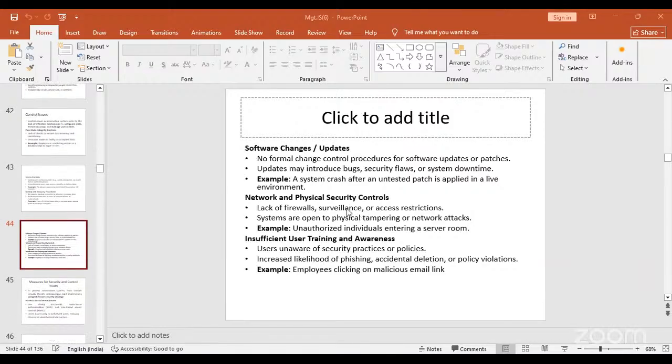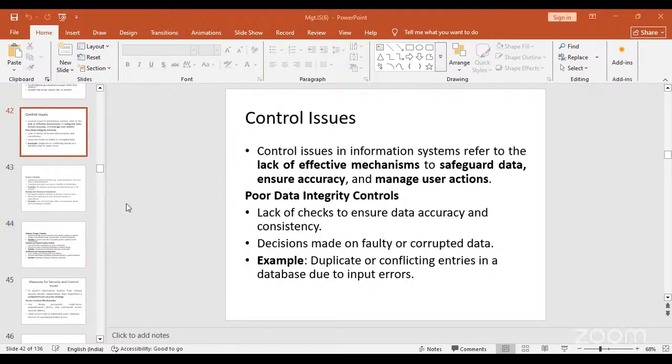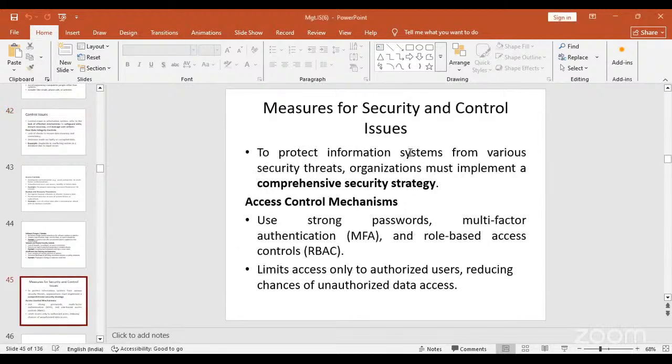So these are the security and control issues which can be addressed from time to time to make your information system perfect.